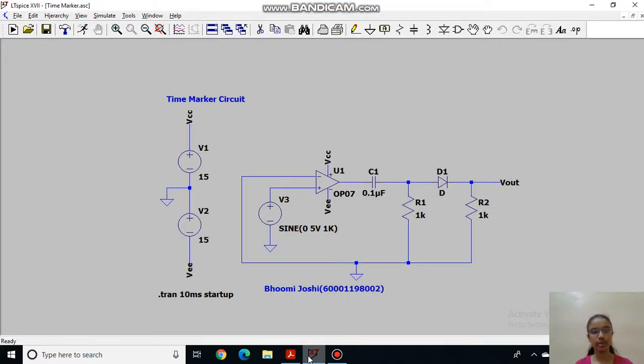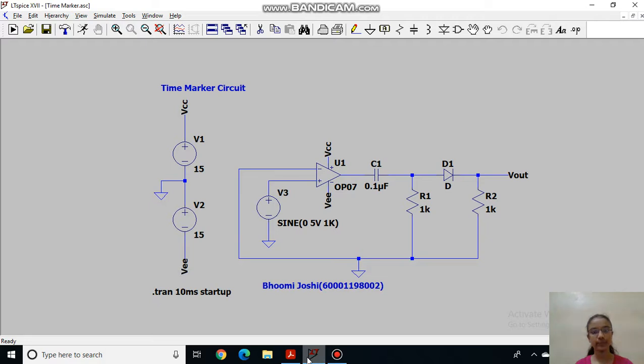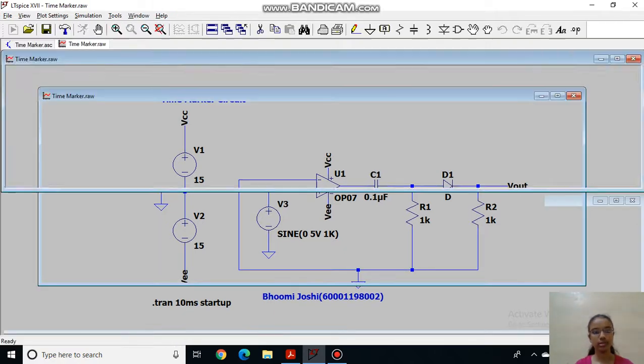So this is my time marker circuit. So as you can see, I have applied 5 volt input voltage, which is sine wave, diode, which is ideal diode, the resistor value is 1K and capacitor value is 0.1 microfarad. So now let us run this.